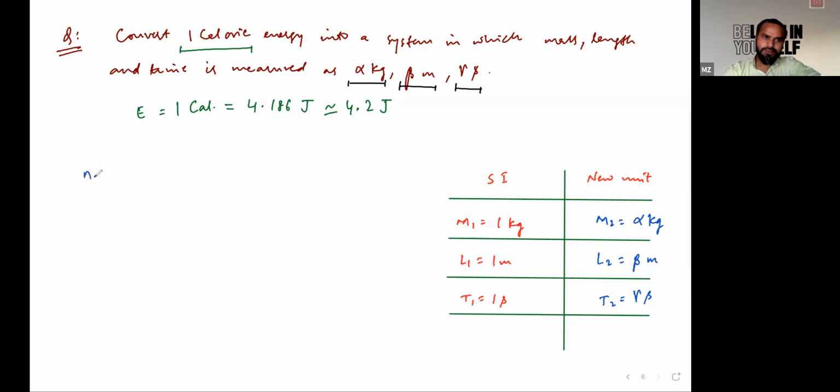Just see, N2 would be equal to N1, M1 divided by M2 to the power X, L1 over L2 to the power Y, and T1 over T2 to the power Z. Check the exponential of gamma, Savita.